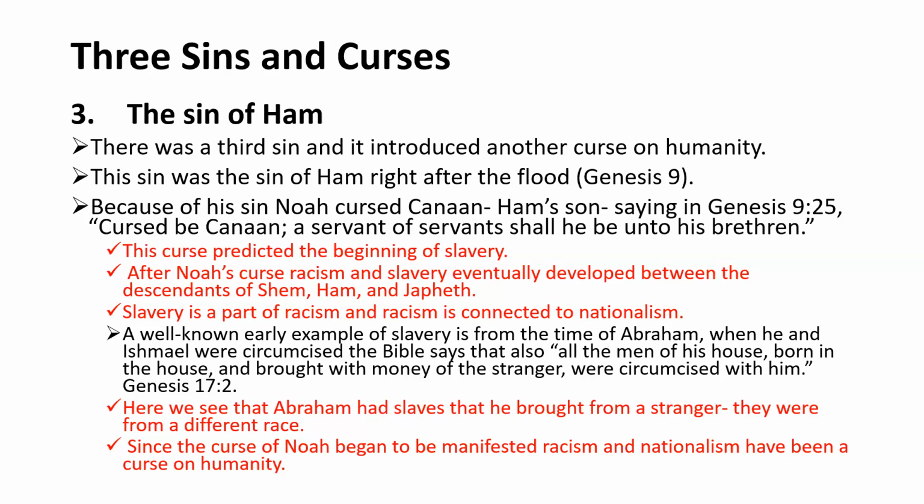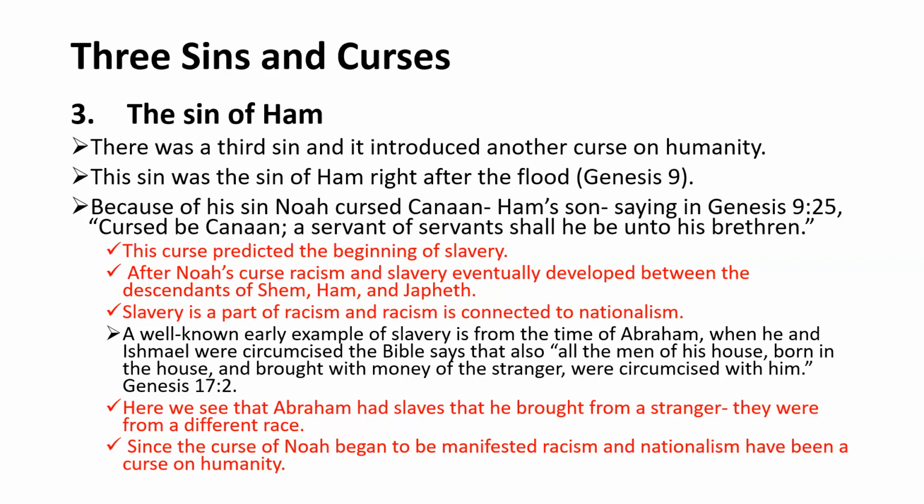This was the third sin to be introduced, and another case came on humanity. We see that this sin was committed right after the flood, according to Genesis chapter 9, the one that was referenced as another chiasm earlier on the chart.